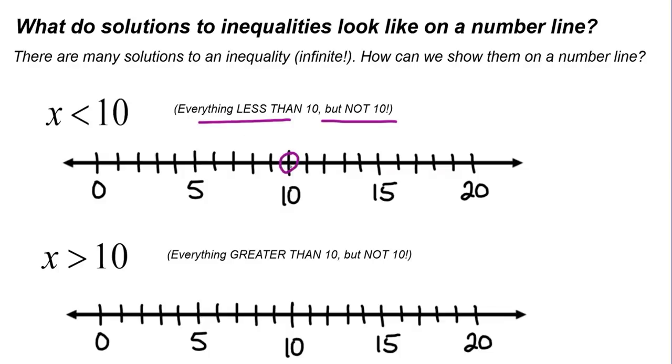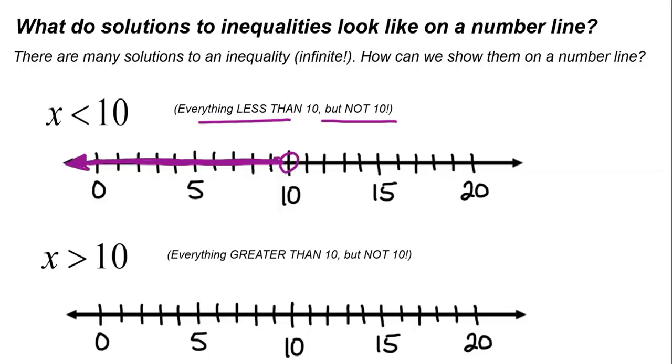So the open circle shows me that 10 is not a possible solution here, but I want everything less than 10. On my number line, which direction from 10 is less than 10? Well, it'd be everything to the left. So I just fill in my number line and draw an arrow showing that all of these numbers to the left of 10, but not equal to 10, are solutions.